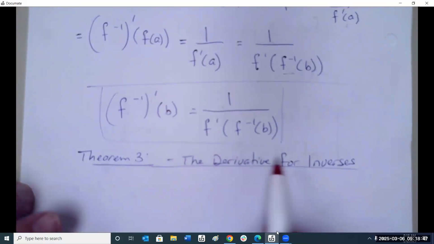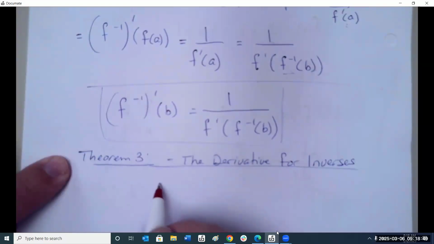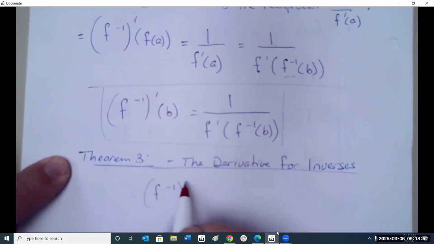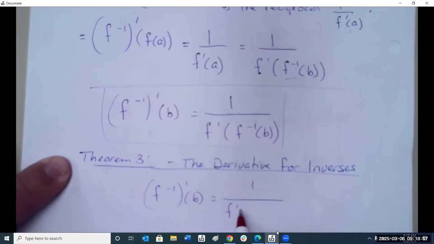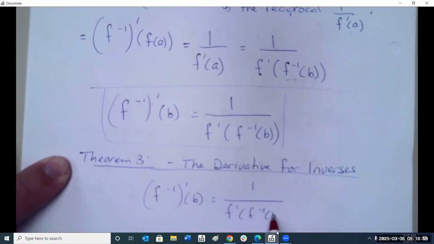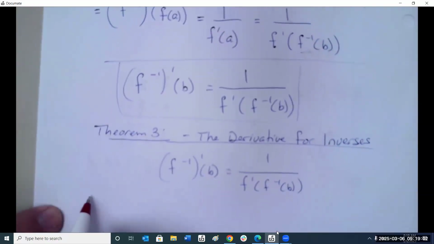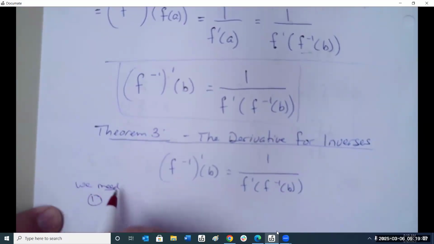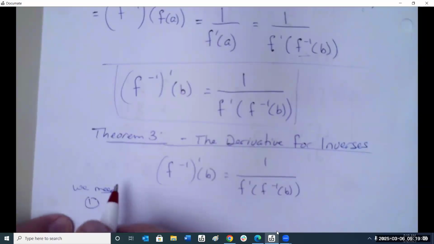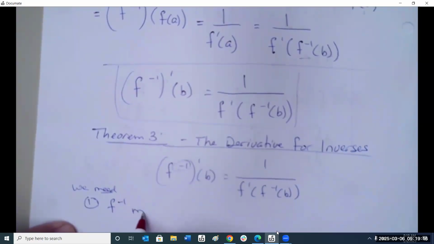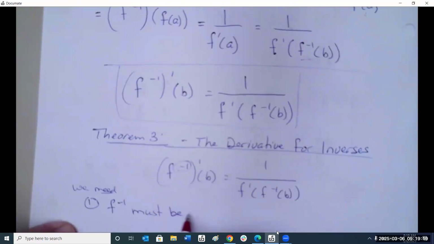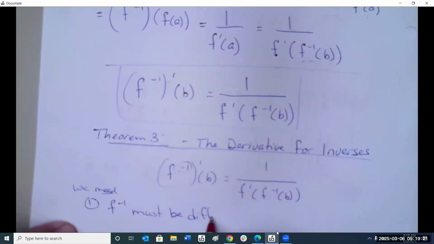So for theorem 3 to be true, we know we have to have two things. One, first off, the inverse must be differentiable.